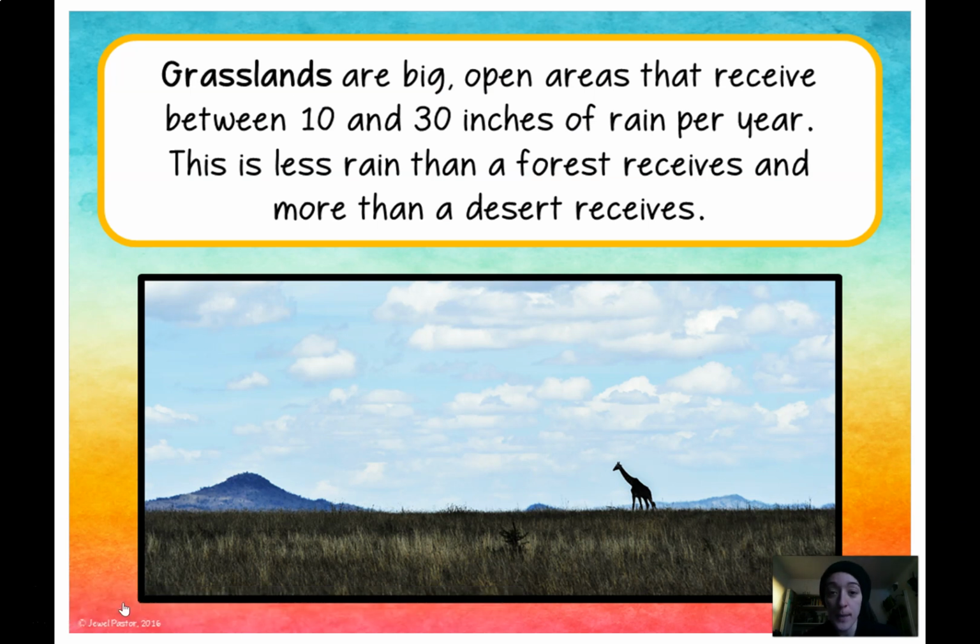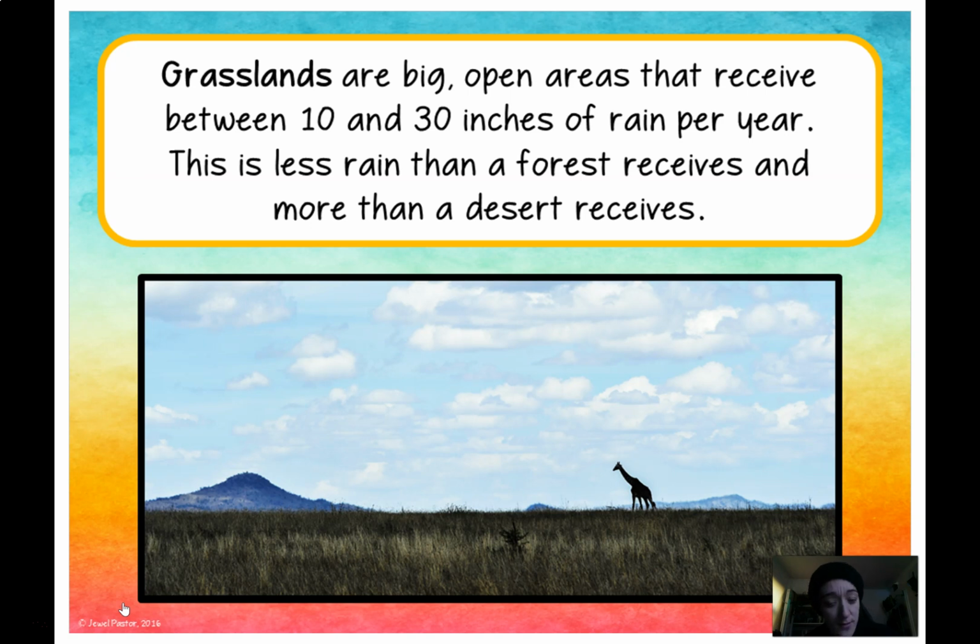So grasslands are big open areas that receive between 10 and 30 inches of rain per year. So is that more or less than the desert? Let's see. This is less rain than a forest receives and more than a desert receives. So a grassland is somewhere in between a desert and a forest. A forest has to get more rain because it's supporting all of these trees, right? It's growing all of this plant life and also supporting lots of animal life.